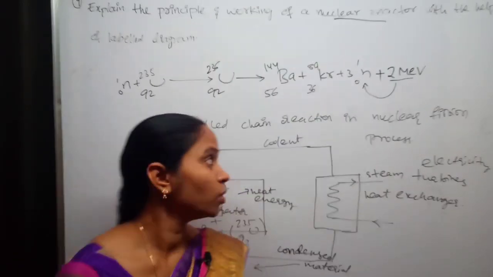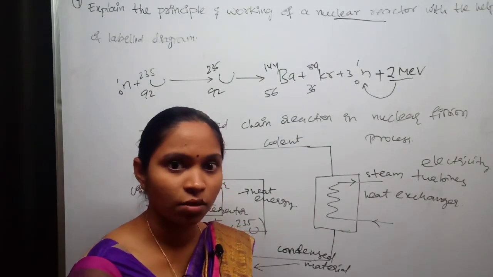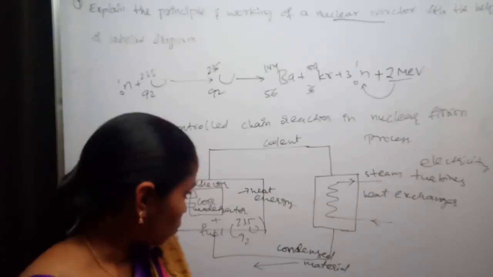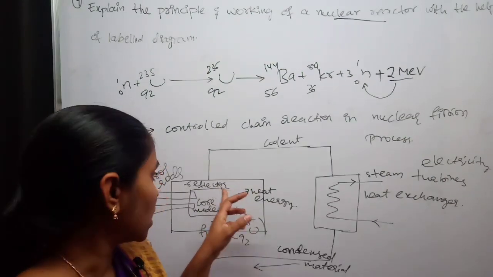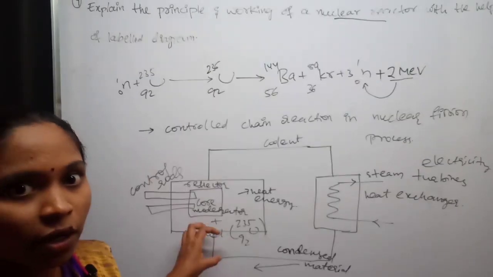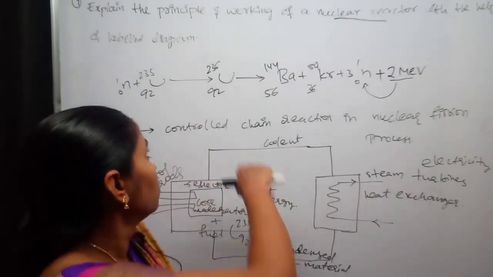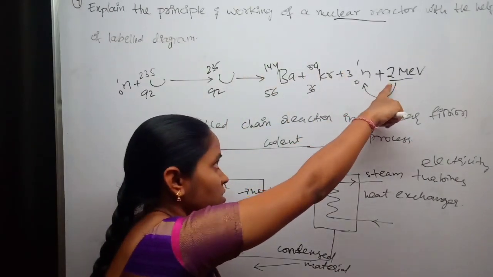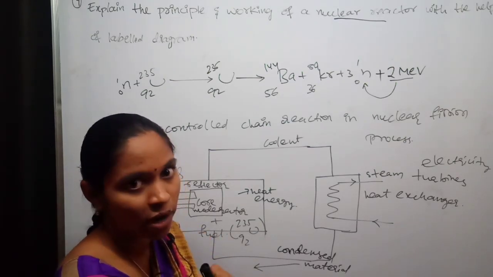Okay, I hope you understood the complete process of the nuclear reactor, what is happening in the nuclear reactor. If you control the chain reaction, if you control the speed of the neutrons, if you control the excess of neutrons which were generated, then the nuclear fission takes place and the stable energy is released, whatever we require.